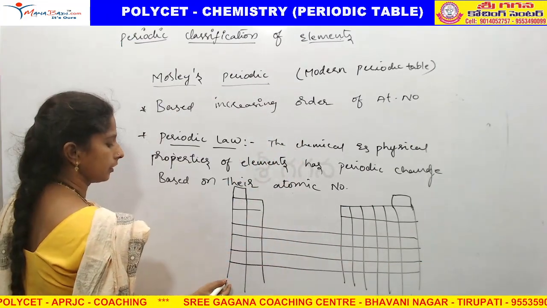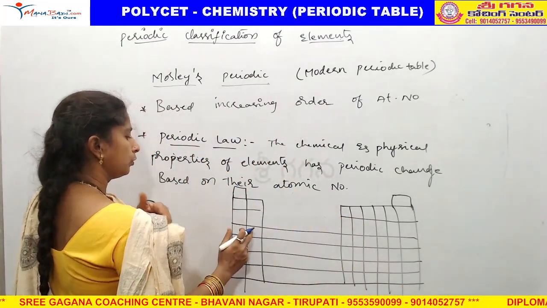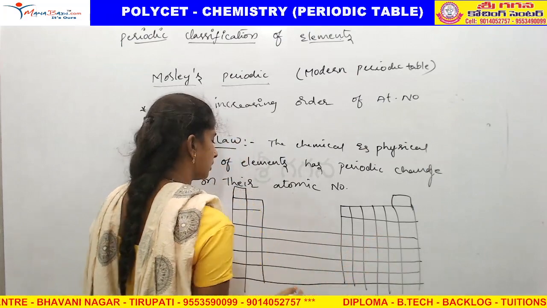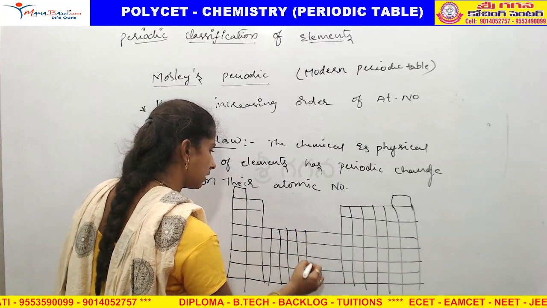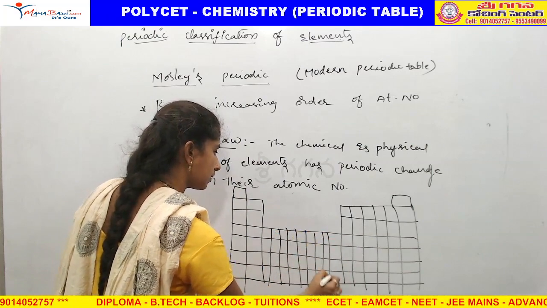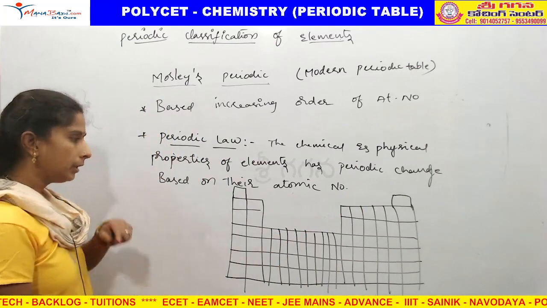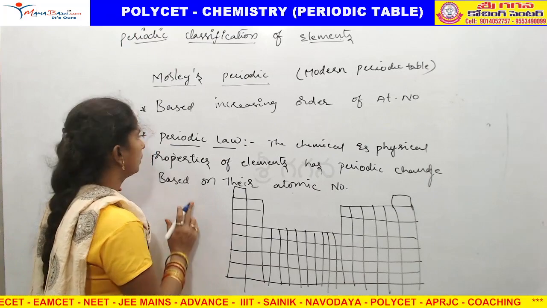Seven periods are there, and groups 1, 2, 3, up to 18. Here also, what is periodic law?